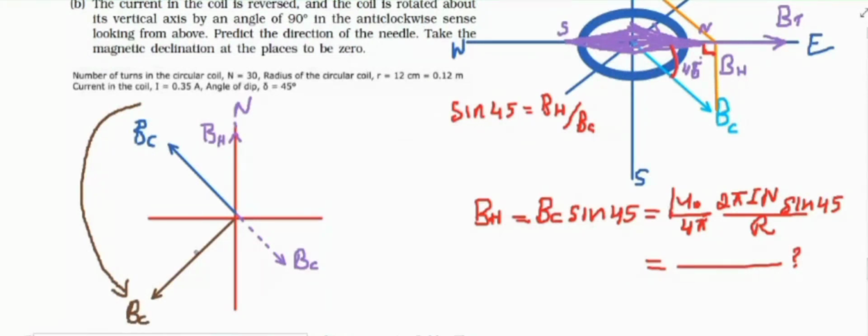BC 45 plus 45, 90 degree. That means the older direction of BC we can make as dotted line. So this is BC, BH. Now for this BC and BH, we have to complete the parallelogram. So like this.